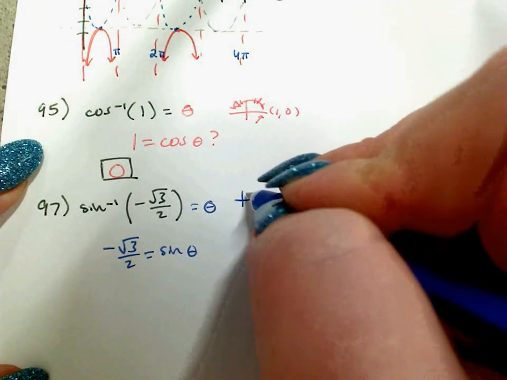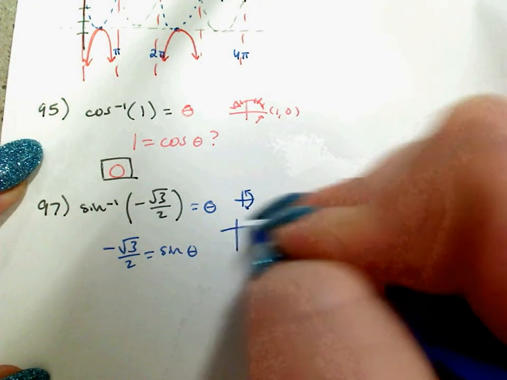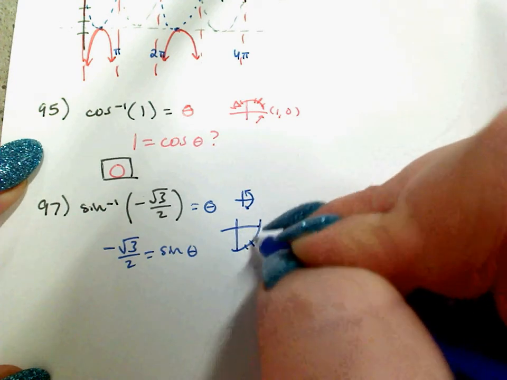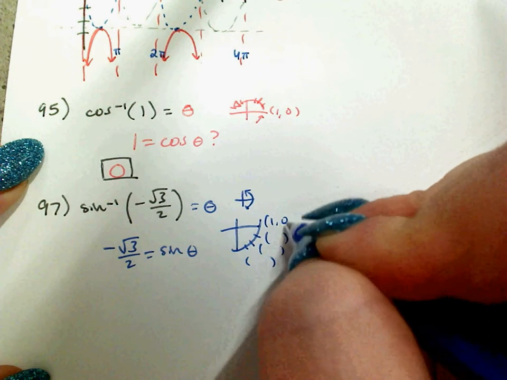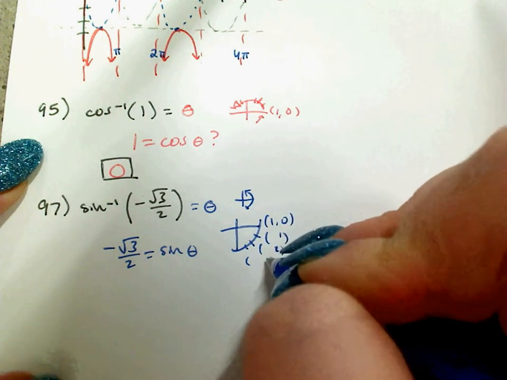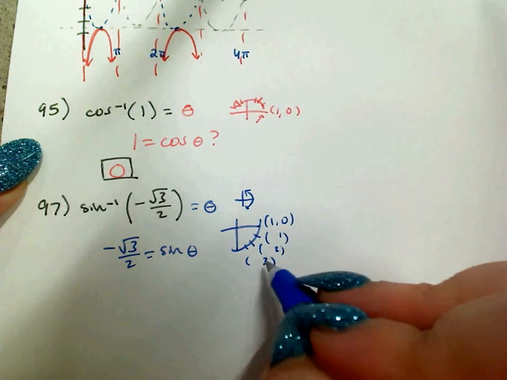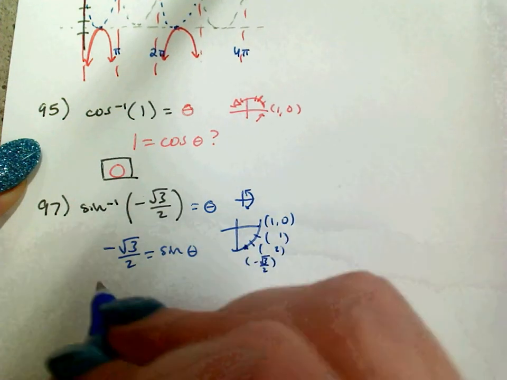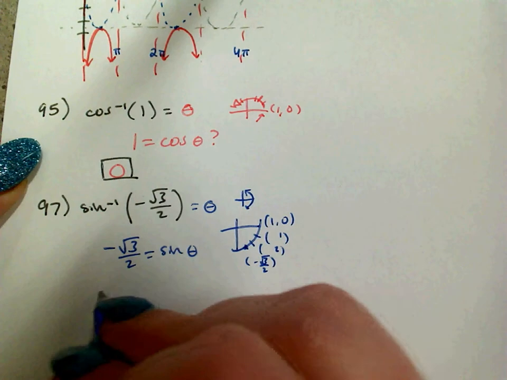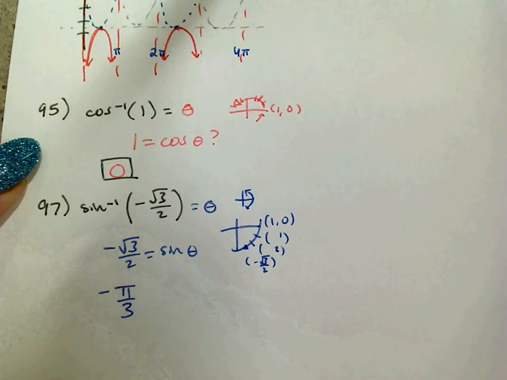So when I look in the bottom quadrant where it's negative, if this is the point 1, 0, then this is 1, 2, 3. So sine is going to be negative square root of 3 over 2 at this angle, which is negative pi over 3. Okay.